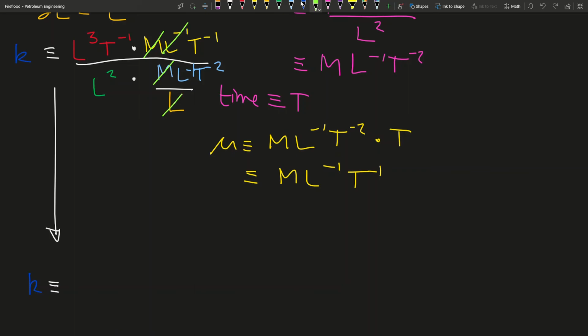This L^-1 will multiply with this L^2 to just give L. And so let's write what all of that is using just this dark blue. So this will give us L^3 T^-2 at the top before simplifications. And at the bottom, we will have L squared.